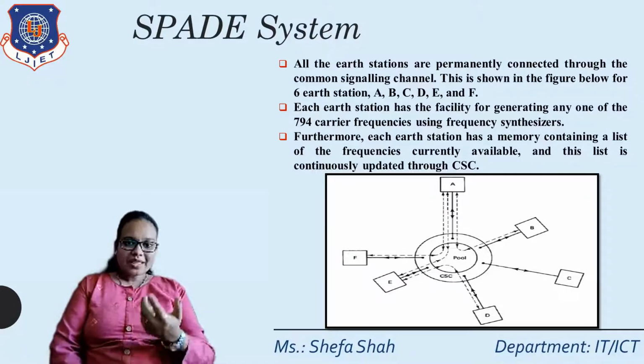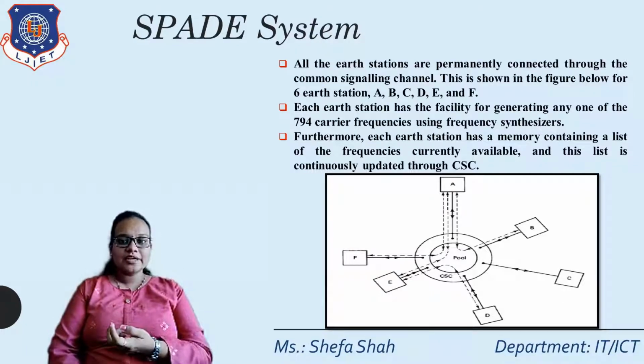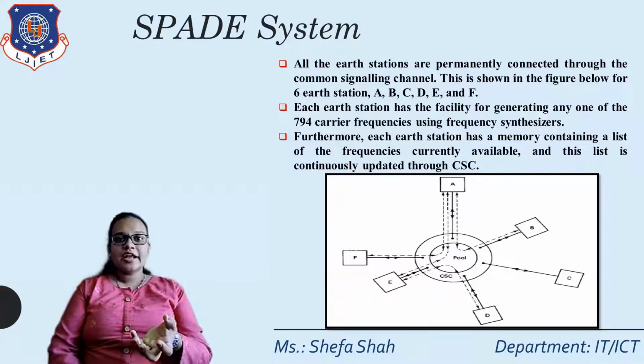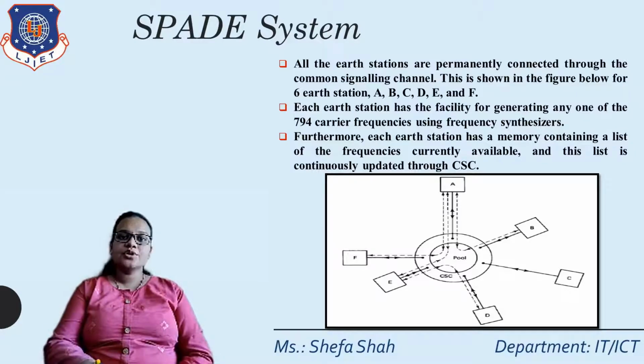Furthermore, each earth station has a memory containing a list of frequencies currently available, and this list is continuously updated through the CSC. So the frequencies which are right now in processing are shown in the pool table or CSC table, and if any frequency is vacant, then all the earth stations will show that the frequency is vacant and available for communication.